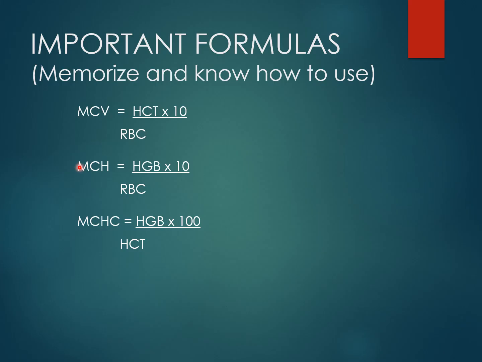The MCH is calculated as the hemoglobin times 10 divided by the red blood cell count. So MCV is hematocrit based, MCH is hemoglobin based, and then our MCHC takes both the hemoglobin and the hematocrit into consideration. We've got hemoglobin times 100 divided by the hematocrit.